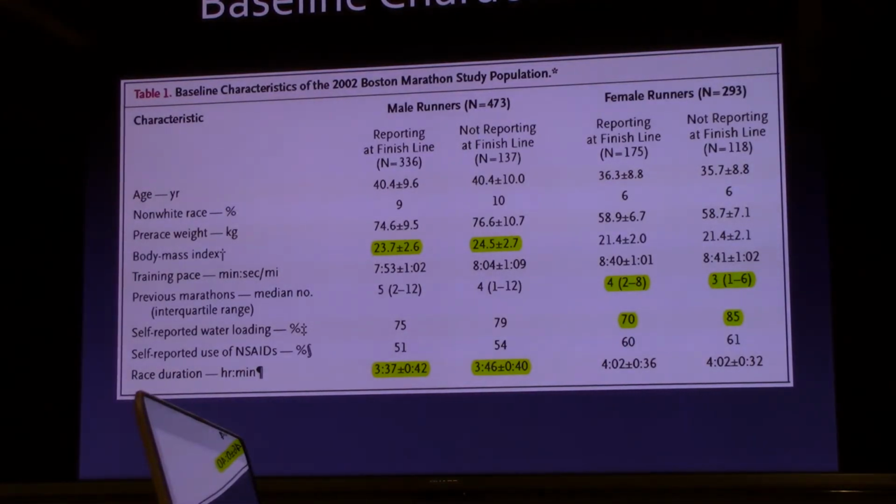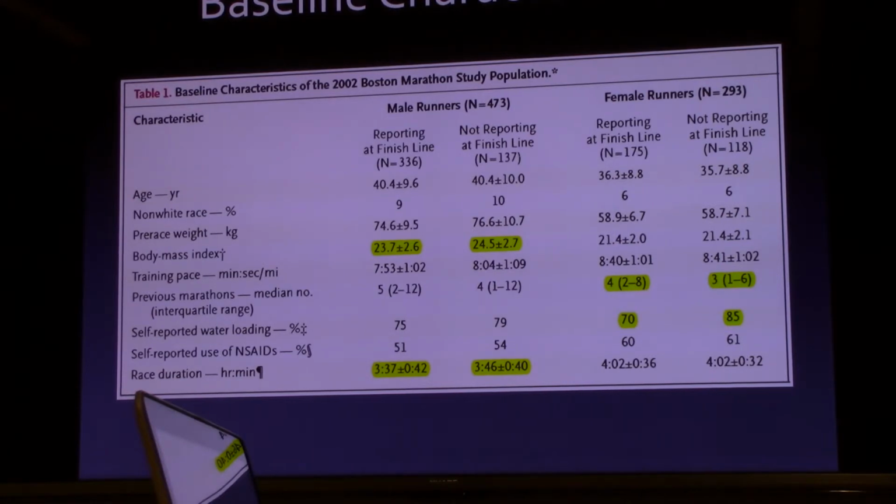So here's a table of the baseline characteristics of the subjects studied in the 2002 Boston Marathon. The ones highlighted show that there is a significant difference for those items in the runners that reported a finish line versus the ones that did not.